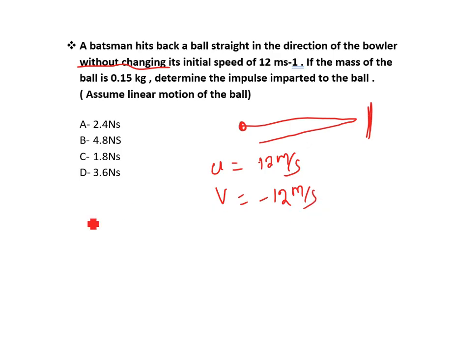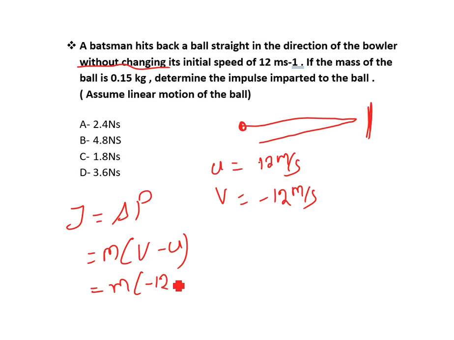As the impulse formula is J equal to the change of momentum, delta p. We can write it as m into v minus u, because mass is constant. So here v is minus 12 and u is 12, and mass is given already. I just have to put 0.15 into minus 24.